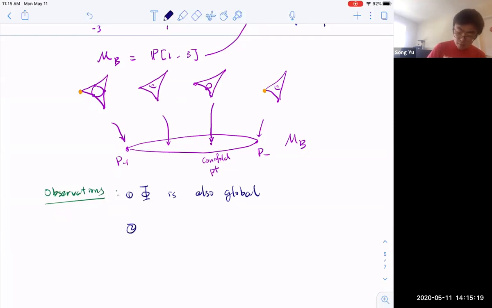And then also, as we said, the corresponding branes will relate to corresponding punctures.